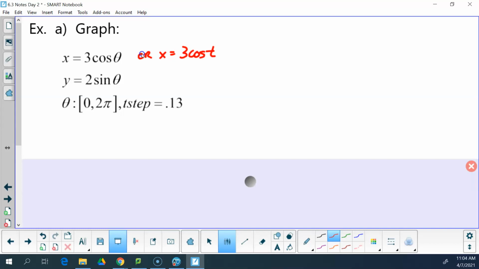Your parameter in the original way we wrote it was theta instead of t. And then y equals 2 sine of t, and t would go from 0 to 2 pi. Same thing, same difference. Sometimes the funky cosine ones are written like that.